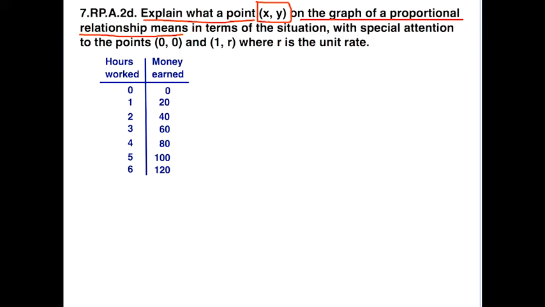Let's look again at this point (x, y). This is the first context that we looked at, where someone is making $20 per hour. Now, if we put this in fractional form, y over x, that, as we already figured out, is our slope. Now, of course, we can't include the point (0, 0) because we cannot have 0 in the denominator.